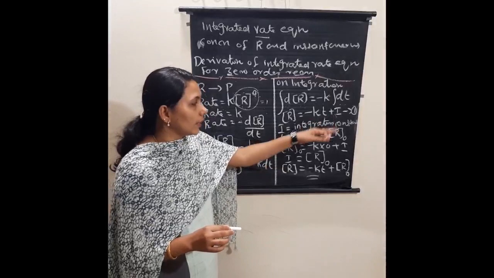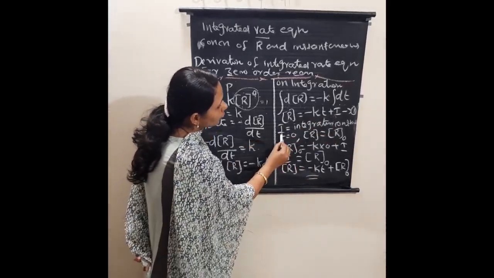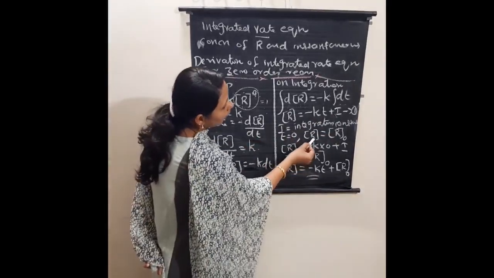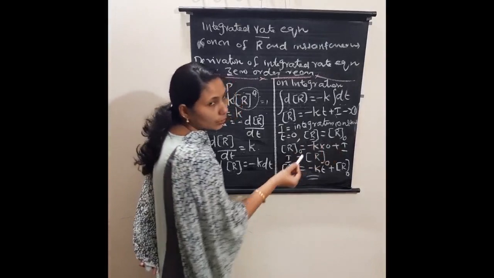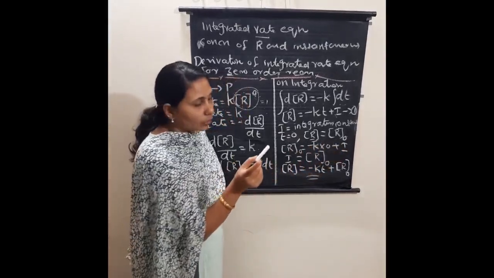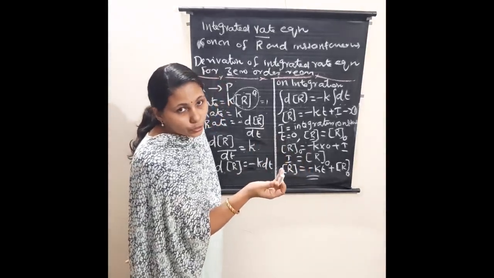To calculate the integration constant I, we consider t equal to 0. At time t equal to 0, the concentration of R equals R0, the initial concentration, because at that time the reaction has not started.